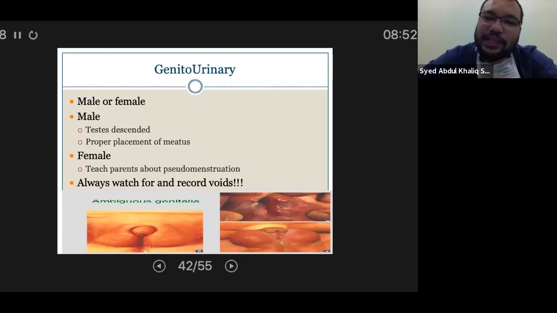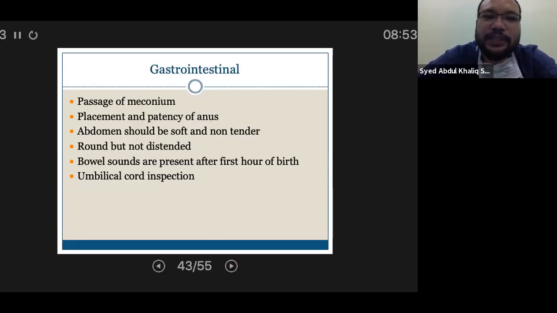Kalau you tak rasa dia punya testis dekat dalam dia punya scrotum, you need to look for it. Where is it? Kalau you tak jumpa, you need to ask for ultrasound lah, because you need to locate where is the testis.